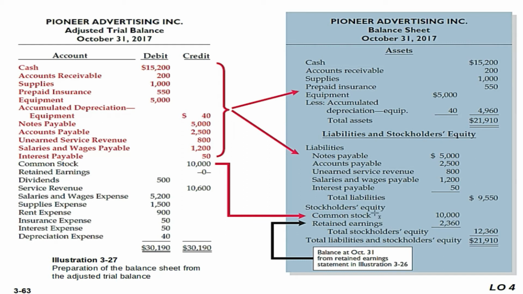That are ultimately going to end up on the balance sheet. Okay, notice 21,910 does not equal 30,190. Okay, and the reason why is because on the trial balance we classified these accounts based on if they are a debit or credit, regardless of where they fall under.